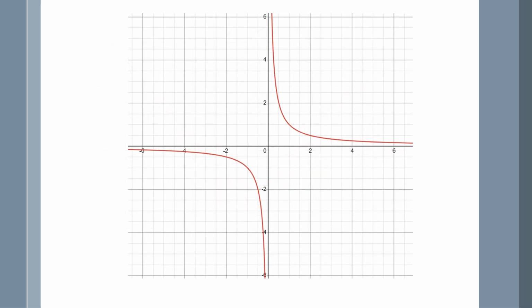This is an odd function because it's symmetric. Ooh, I don't know what's going on today. Nothing's working. I'm sorry. So this is odd because it is symmetric around the origin.